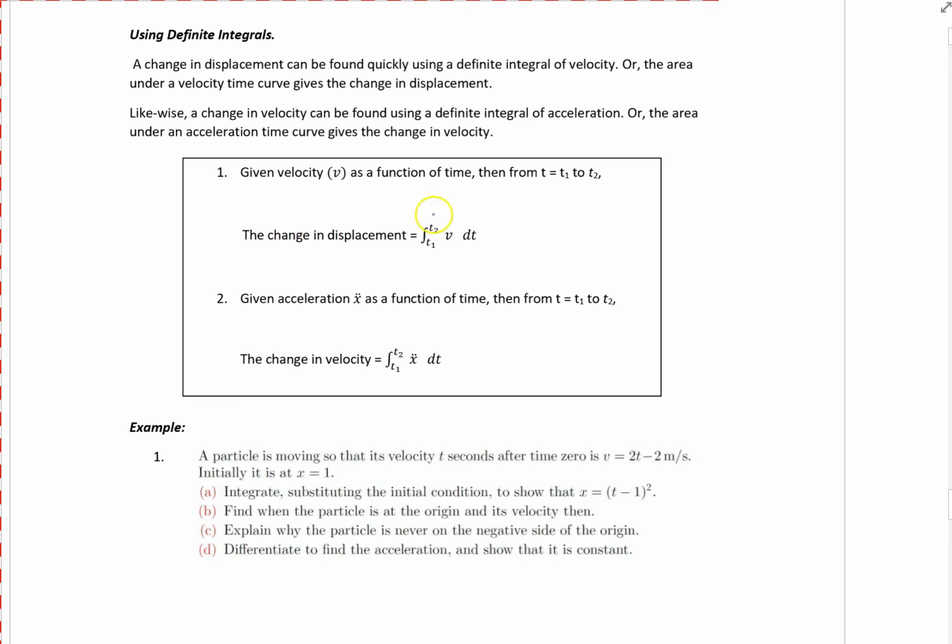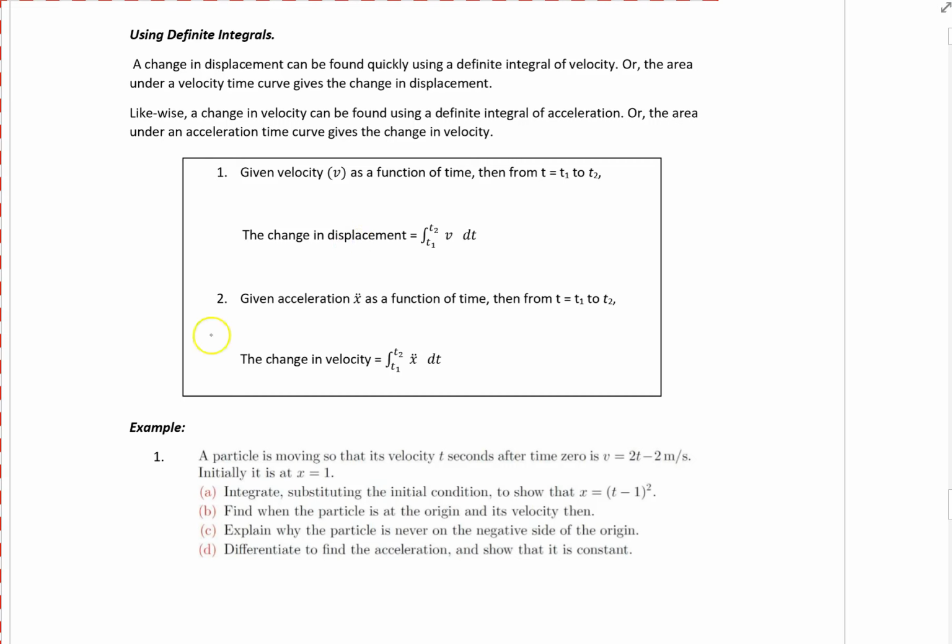So we know that the integral of velocity is displacement, and if we're going over a period of time, which a definite integral allows us to do, then the consequence of that is that we're getting a change in displacement.